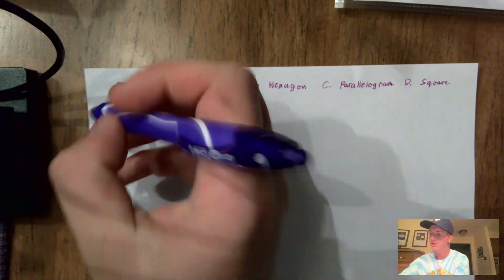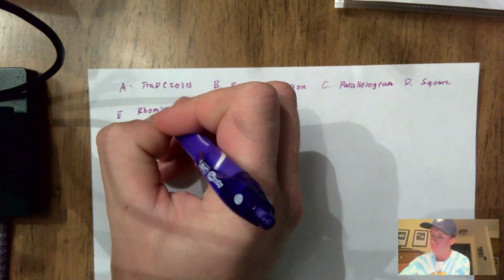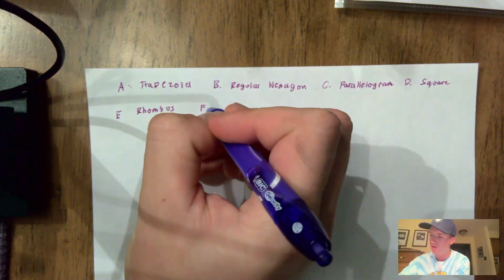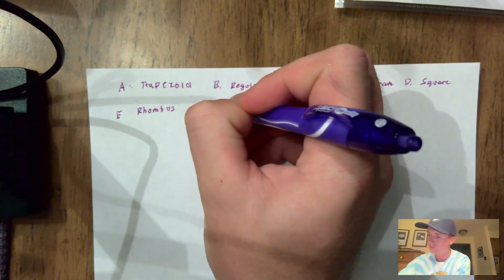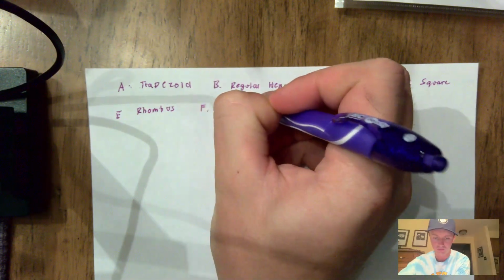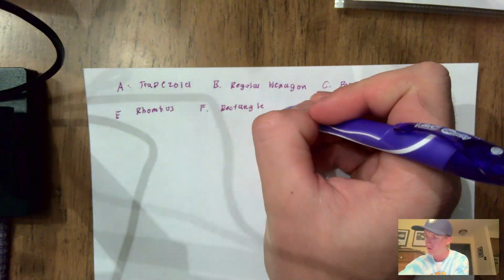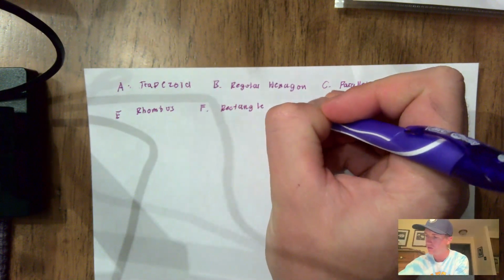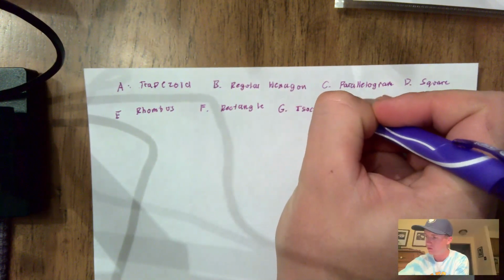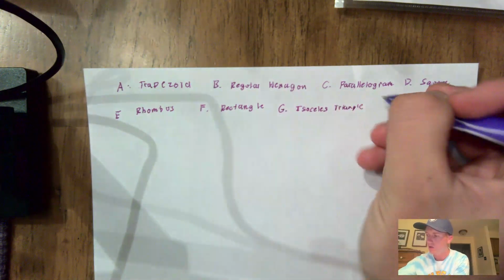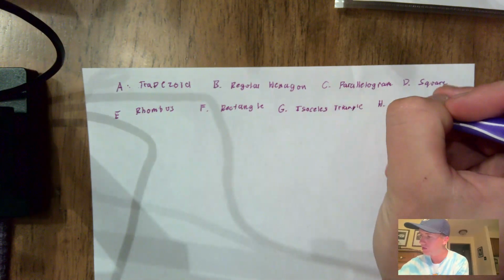E will be a rhombus. F will be a rectangle. We'll have an isosceles triangle for letter G. Letter H will be an equilateral triangle.